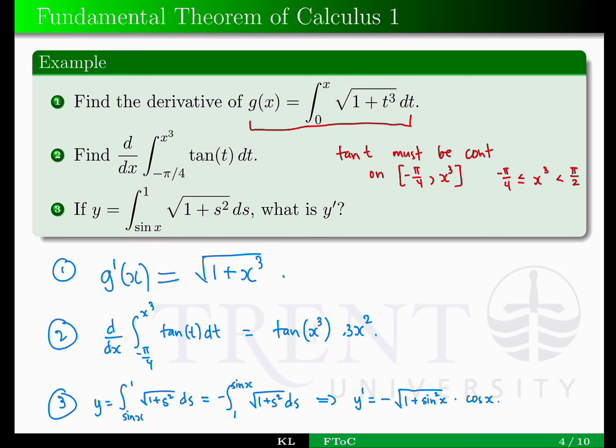In fact, if you found a reference that states the combined form of the fundamental theorem of calculus, then it would be nicer. I mean, the first part and the second part are just the same thing. Meaning, if you assume the first part, the second part will be implied. And conversely, if you assume the second part, the first part will be implied. So it means they're just the same thing.